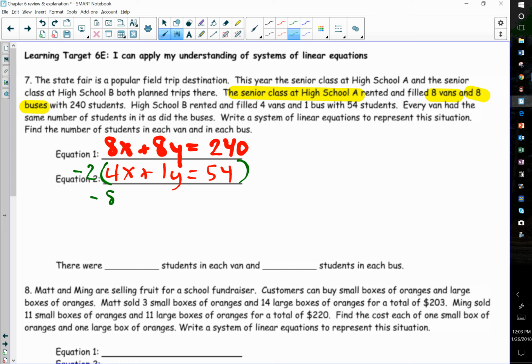Doing that gives me -8x, -2y, and -108. And now I add everything together. The x's eliminate. 8y and -2y gives me 6y equals 132.